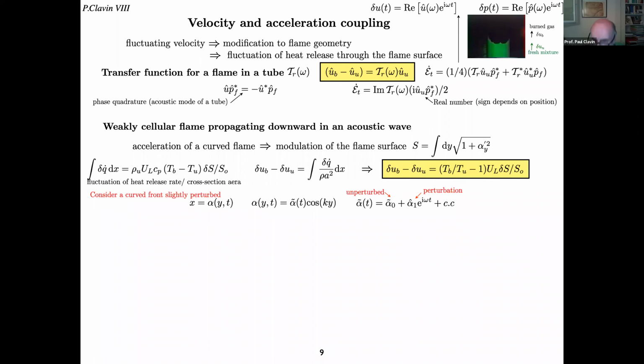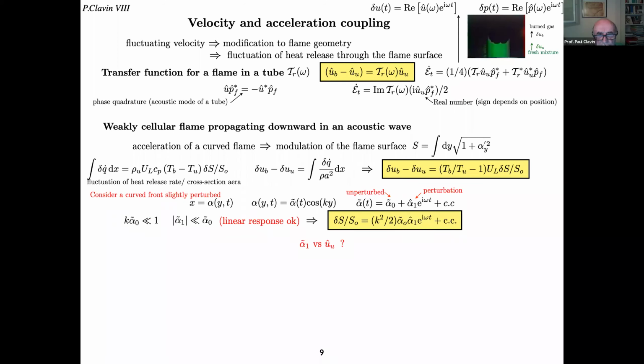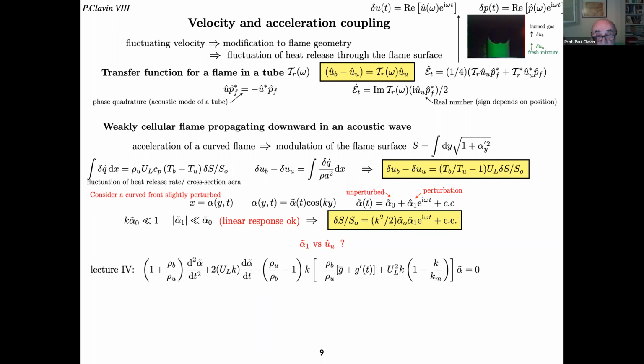I will not enter into the detail, and I would just like to tell you that the equation you have to consider is a second order differential equation that I have obtained for a flame propagating in a gravitation field.